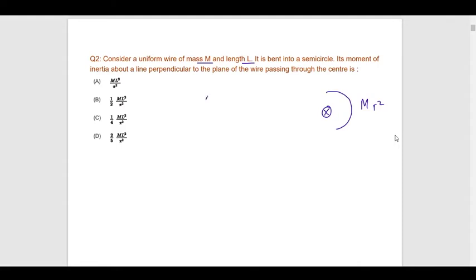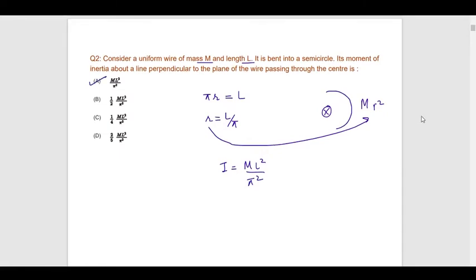We know that the circumference of this semicircle is pi r, and that must be equal to L, which is the length of wire. Therefore, r is L by pi. If I replace the value of this r into the moment of inertia, we will get mL square upon pi square. So I think option A becomes the correct answer.